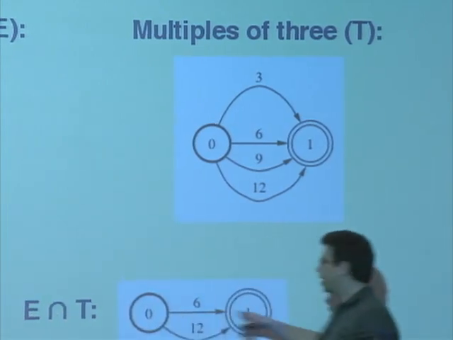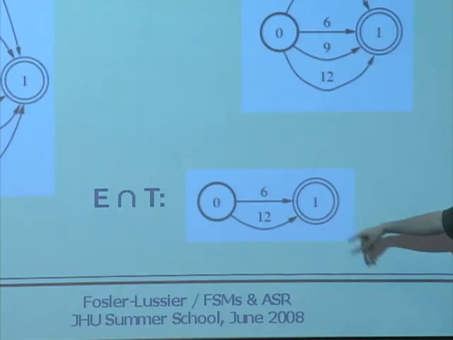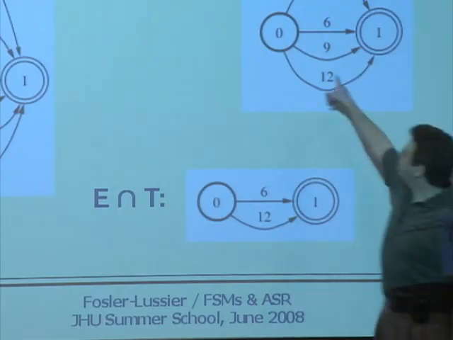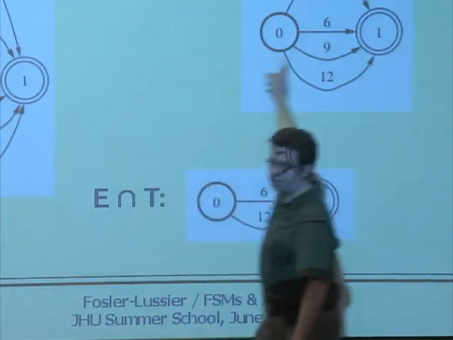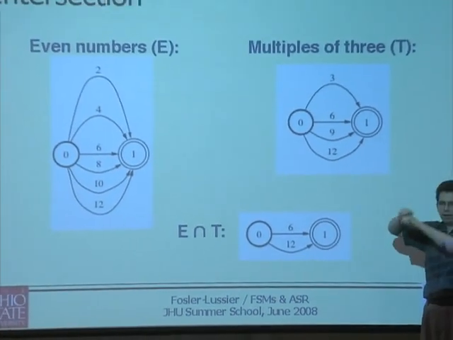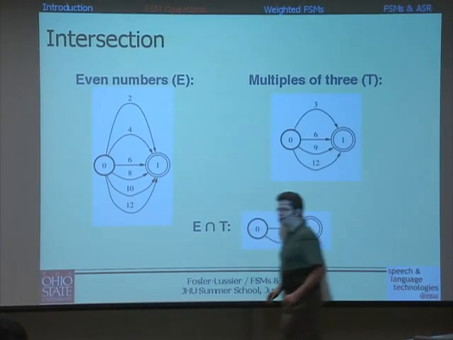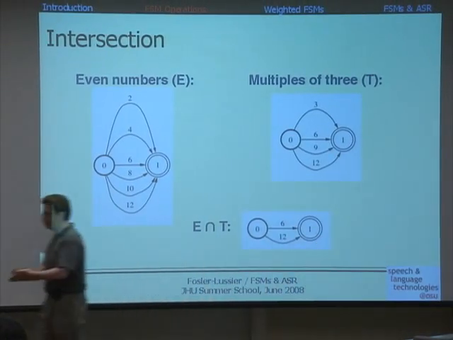If you intersect, what do you get? You get the multiples of 6, which are the even numbers that are multiples of 3, right? So any path that appears in both of these appears in the answer. So it's not just one path, it's all of the paths that appear in both. That makes sense? People happy?